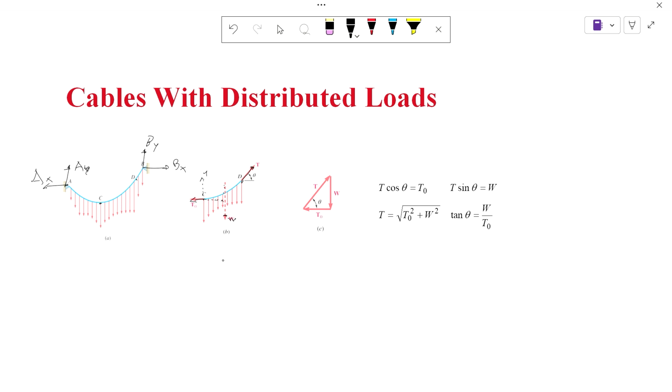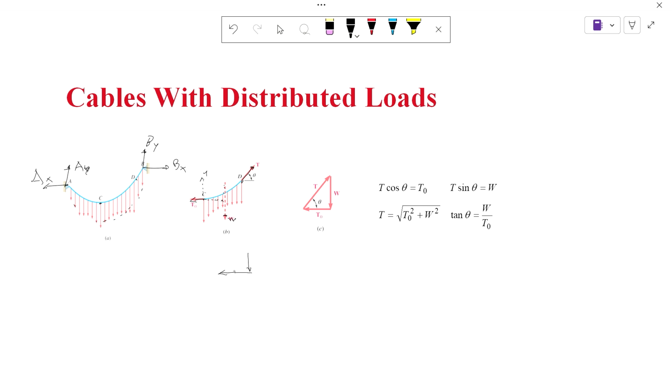So your force vector would be your force W, which is the distributed load at a point. This is just the area under this distributed load. You have to integrate, or you can just characterize it as a parabola and approximate.